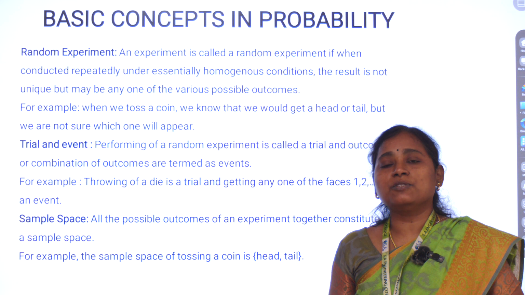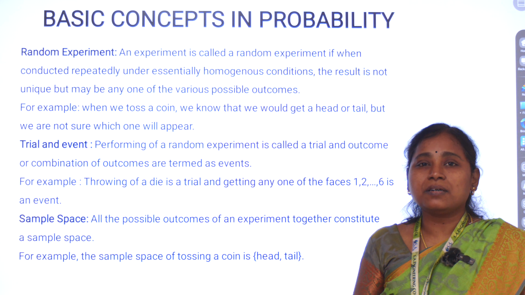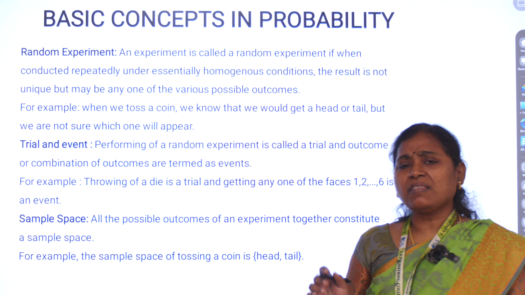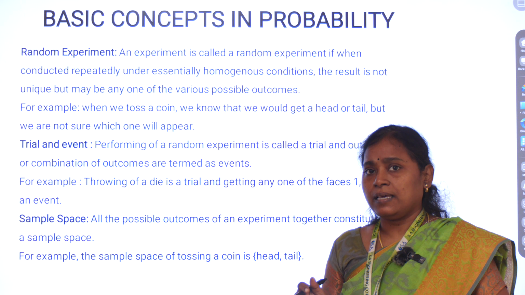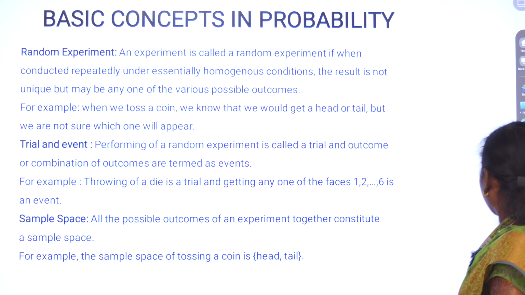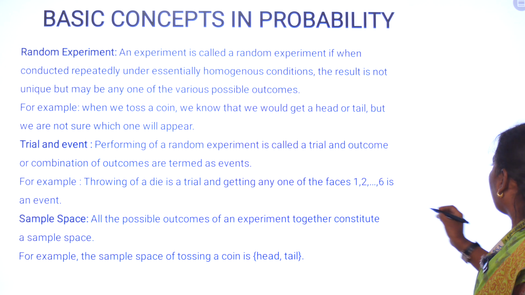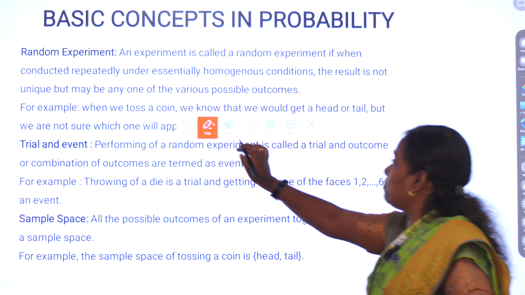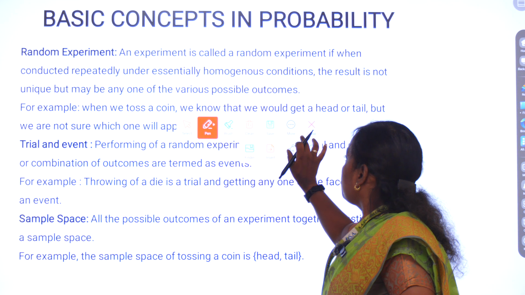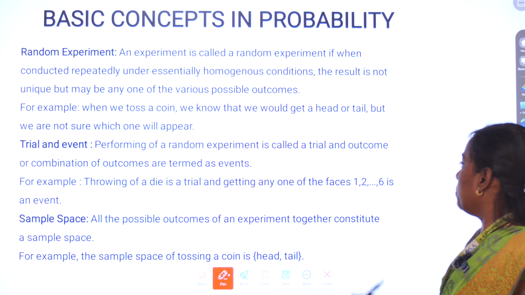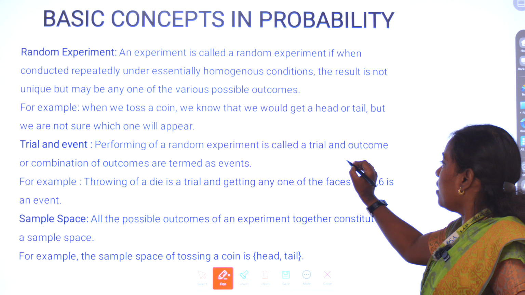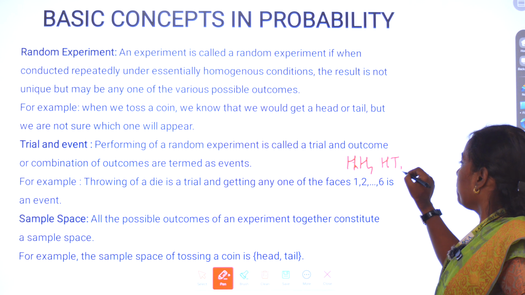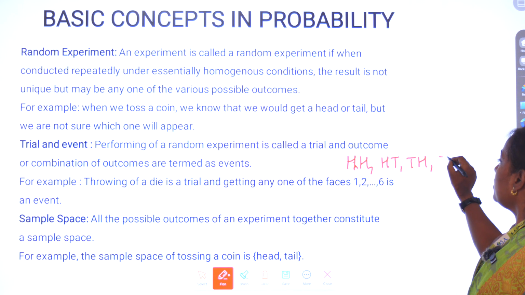The next concept is sample space. All possible outcomes of a random experiment together constitute a sample space. For example, if we toss two coins, the possible outcomes are HH, HT, TH, TT.